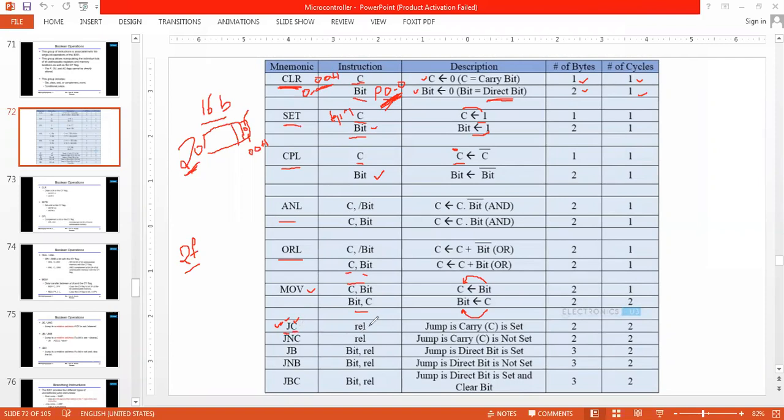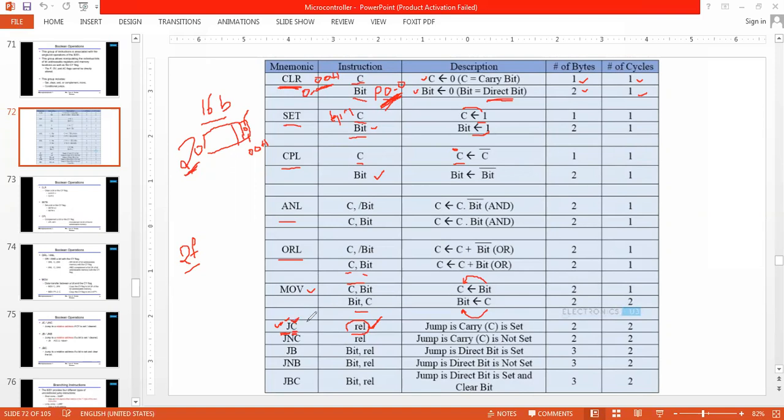REL stands for relative address. So whatever the address is, that is going to be written here. So here C is a condition, J is a jump. Jump if carry flag is set.